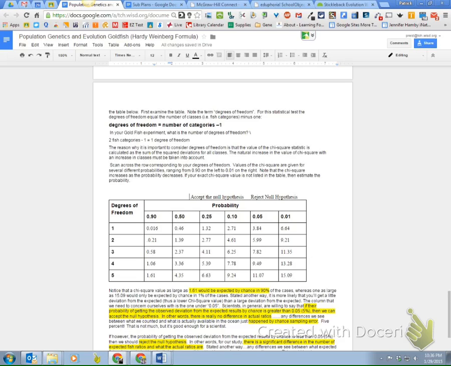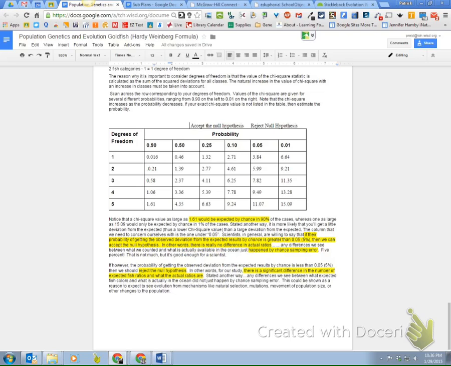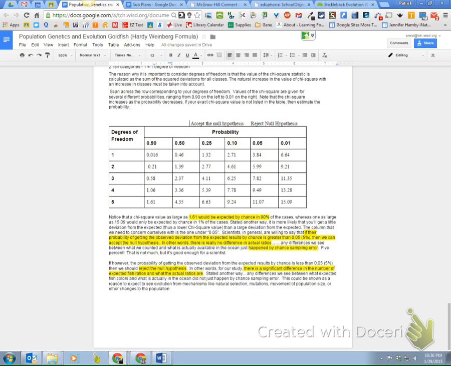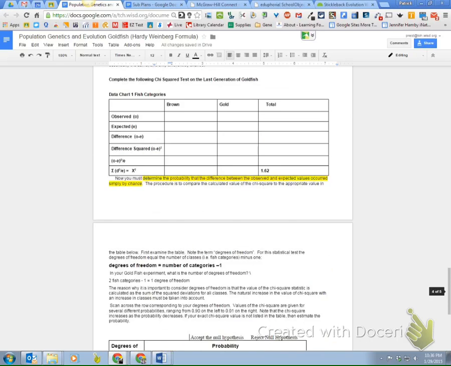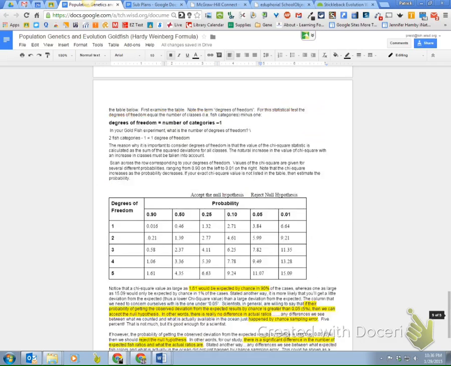So when you do your null hypothesis and your chi-squared, this 5%, this 0.05, is essentially the dividing line. Take your paper and mark a huge mark down the middle of that. That's your chi-squared value. What I want you to do is take that number and figure out whether you are going to reject or accept your hypothesis.